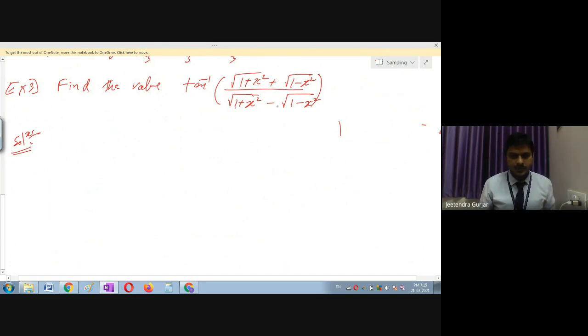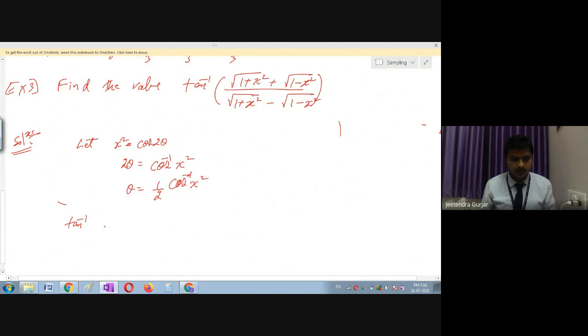So whenever you get this type of example, you substitute only by the substitution method. You can easily solve. So I take x square is equal to cos 2 theta, so that 2 theta is equal to cos inverse x square, or theta is 1 upon 2 cos inverse x square. So substitute the values quickly, students. Within 1 minute you should be able to simplify this.